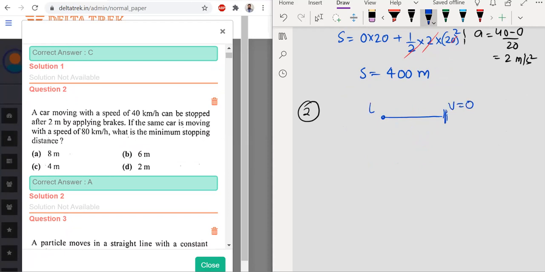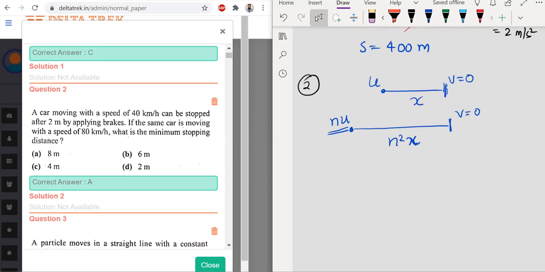If something is moving with a speed u and it can be stopped in a distance x, and somehow the speed changes to n times, then definitely the distance covered will be n square times. That is the logic.